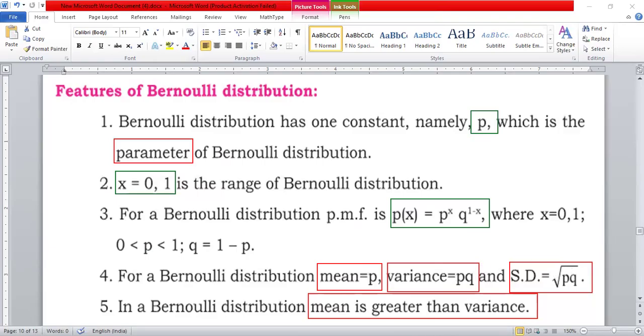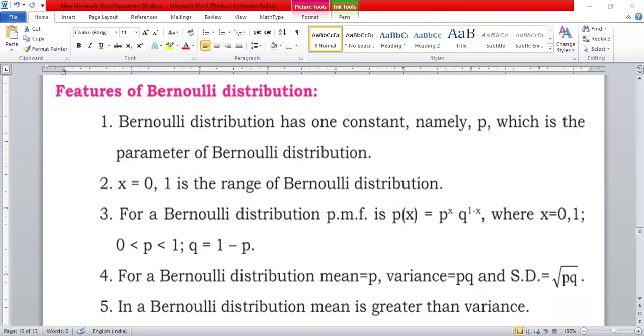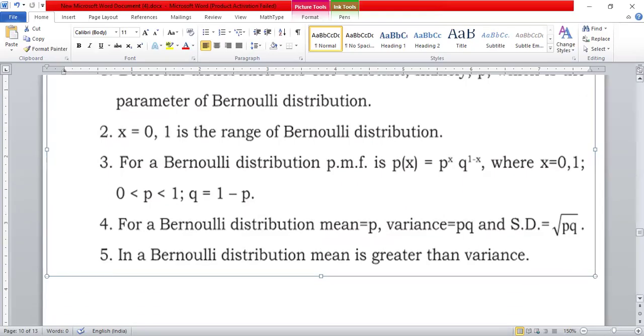And the relationship is that the mean is greater than the variance. Important: if they ask the PMF for a 2 mark question, or the parameter, range, mean, variance, standard deviation. Many times they ask the relationship that the mean is greater than the variance. So this is the Bernoulli distribution.